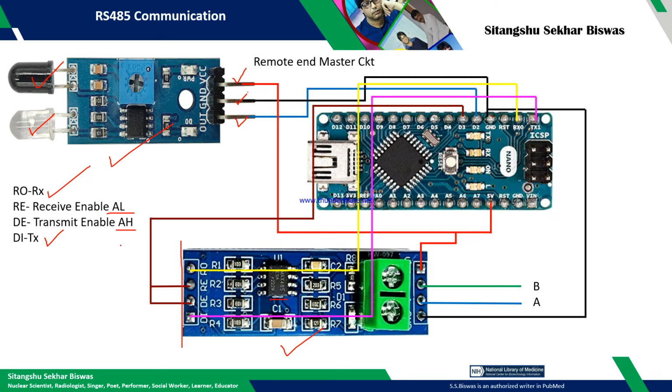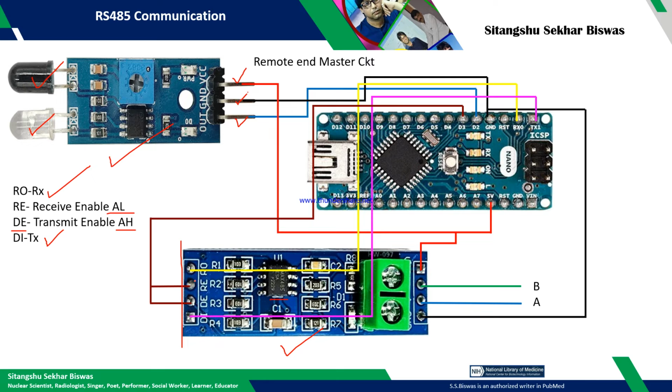That means if you want to initiate the transmission of data, then definitely this DE pin is to be made high, and if you want to receive data, then that RE pin is to be made low.